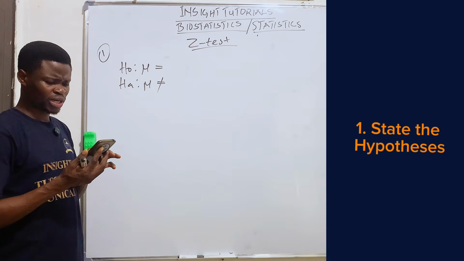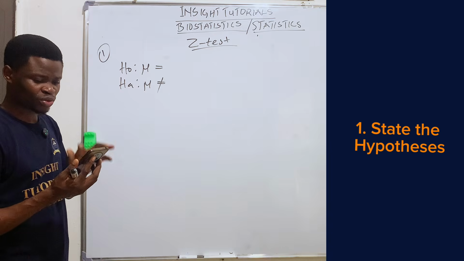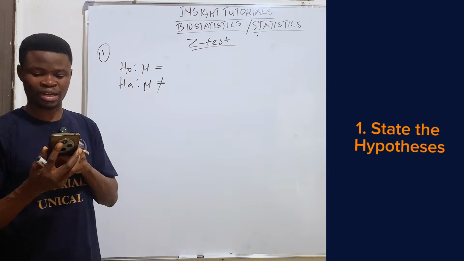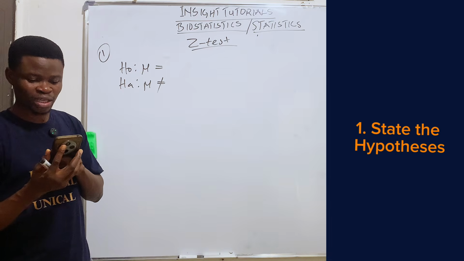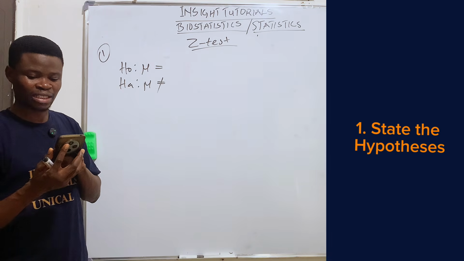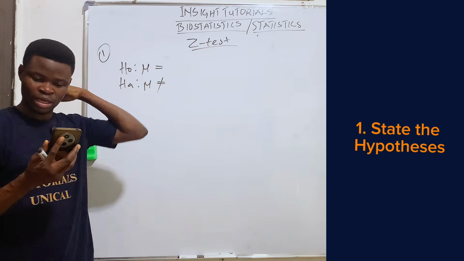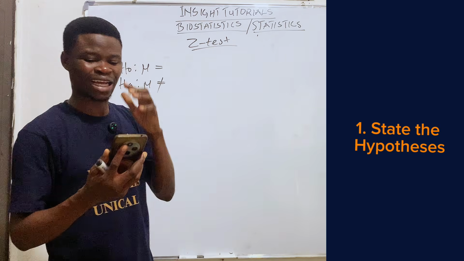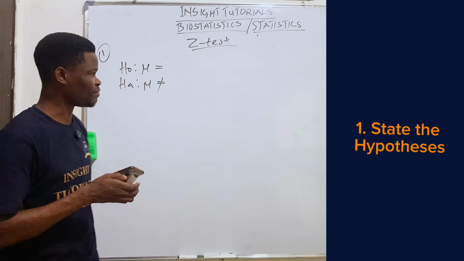Looking at this question, we are told that a cereal manufacturer claims that each box contains an average of 500 grams. Now, a consumer advocacy group suspects that the boxes are underfilled, and they randomly selected a sample of 36 boxes, and they found out that it had an average of 495 grams.